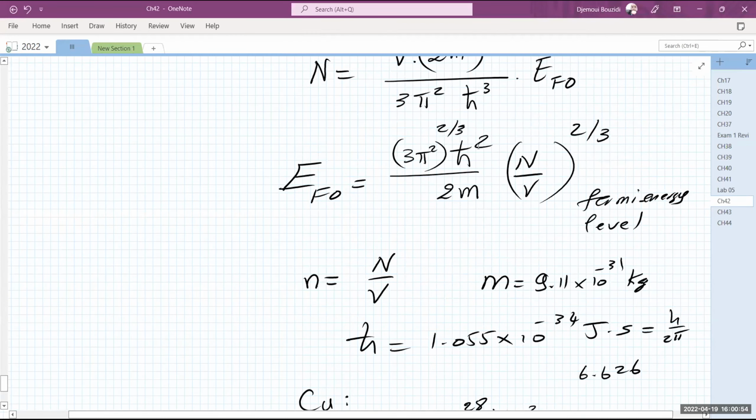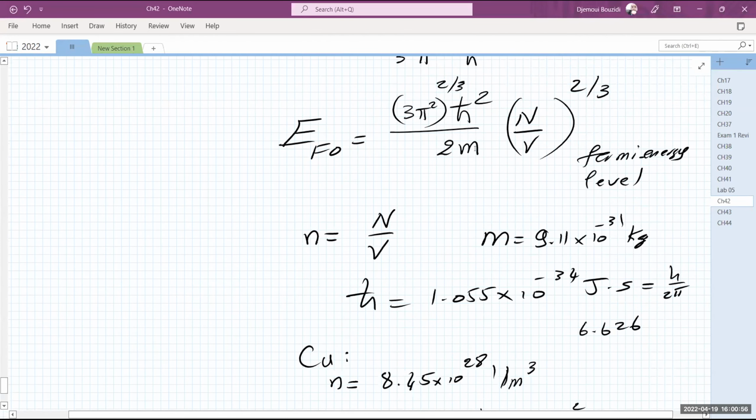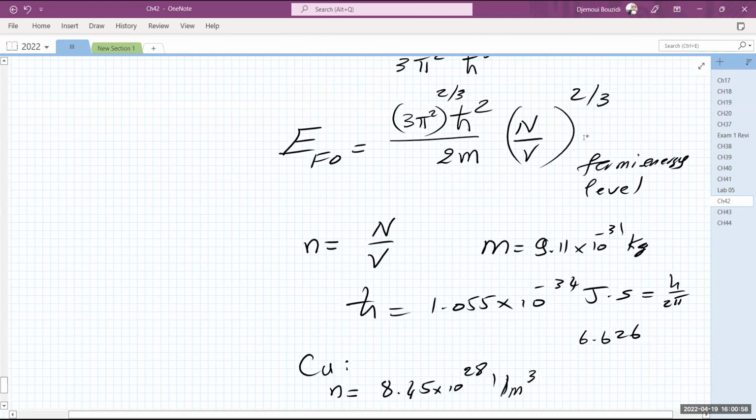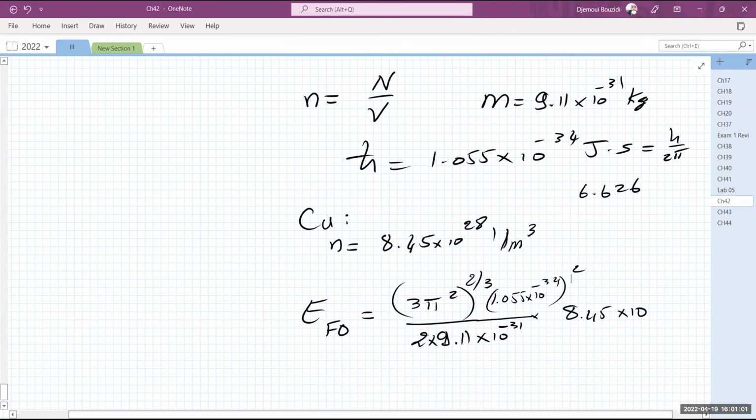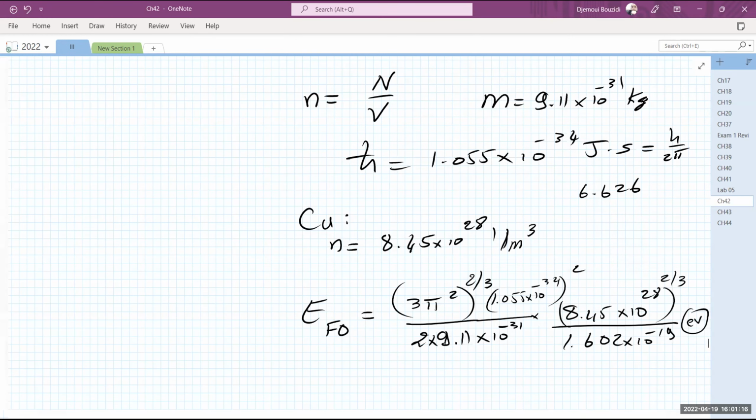Don't forget ħ squared, it's going to throw you off big time if you forget it. Times this number to the power 2/3, 10 to the 28 to the power 2/3. Before I do that, from the get-go, I'm going to divide by 1.602 times 10 to the negative 19, because I want this expression in eV. I don't want it to be in joules.